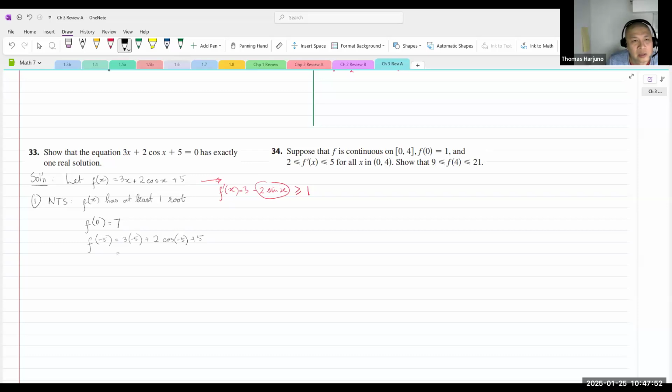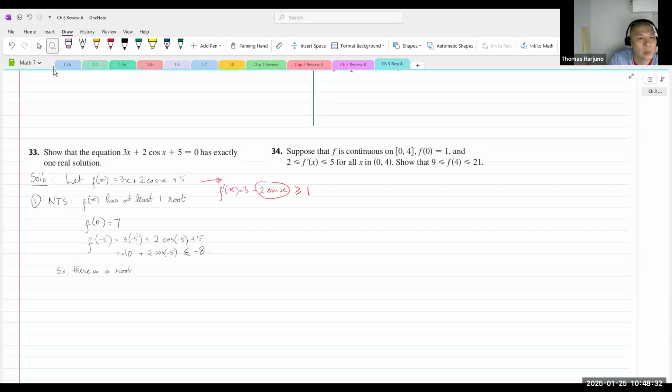This is for sure -15 plus 5, then it will be -10 plus 2 cosine -5, right? But this is at most -8, is it right? Okay, at most -8. Okay, so there is a root.